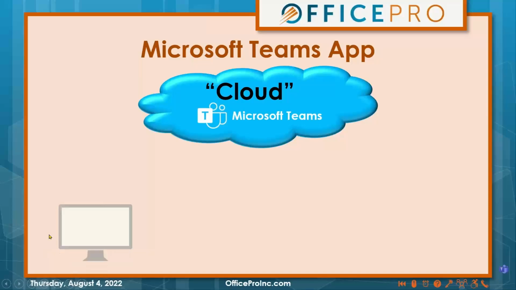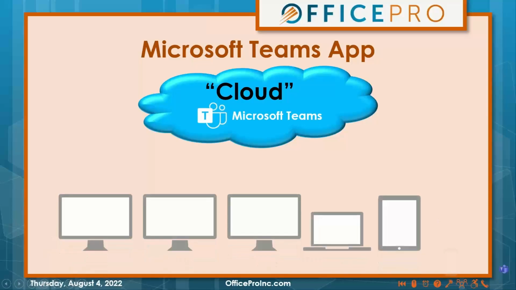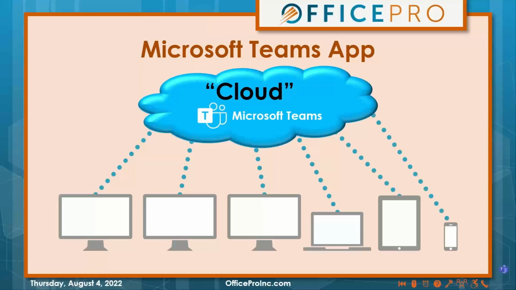And what this means is that regardless of your current circumstance, let's say you're working on your standard work computer, or maybe in a different office, or maybe you're borrowing a colleague's computer, maybe you're working from a laptop, or you're working on the go from a tablet or a mobile phone. Regardless of what your situation is, you'll always be able to access your team resources as long as you have internet access. As long as the device you're working from has internet access, you'll be good to go.